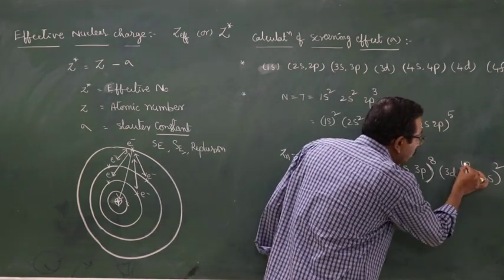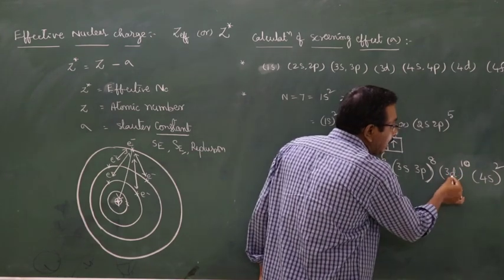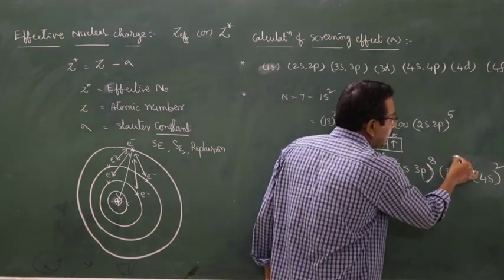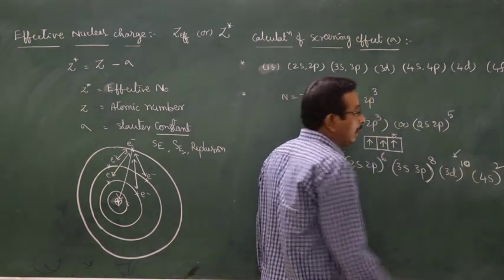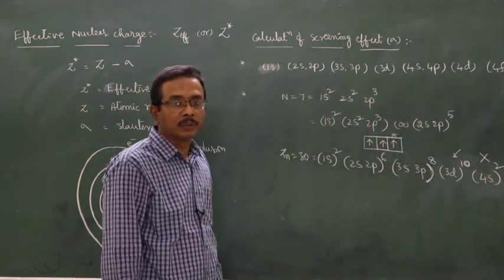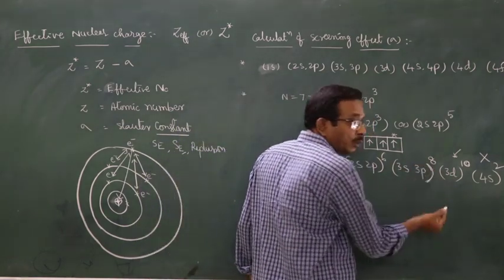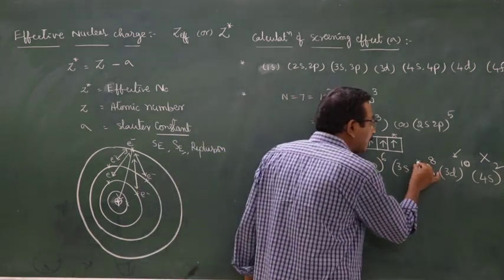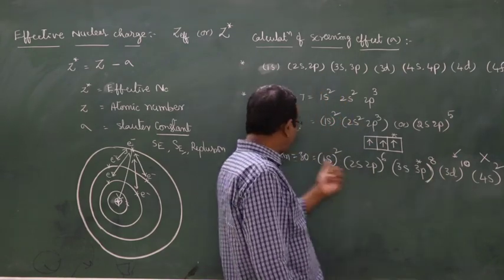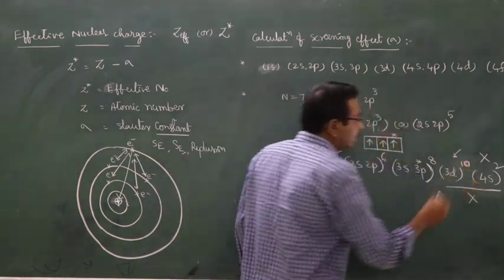Now I would like to find the effective nuclear charge of any one electron in 3d in this particular case. Then I have no need to think about 4s. Suppose I would like to calculate the effective nuclear charge of an electron present in the 3s 3p group of zinc. Then I have no need to think about these two.